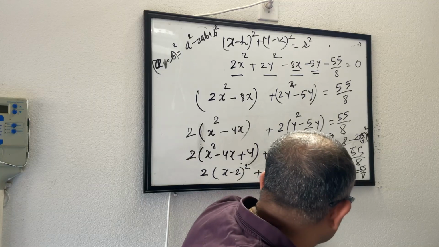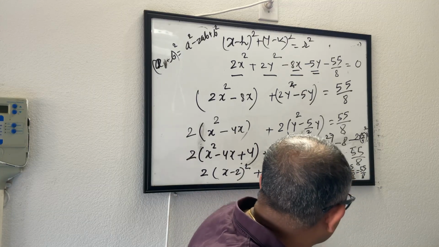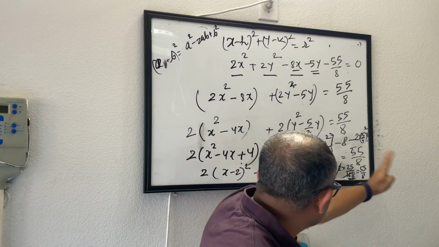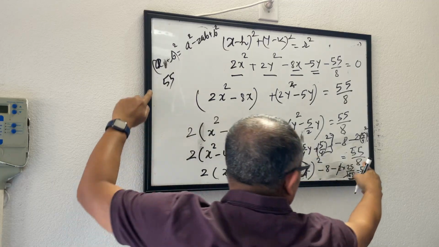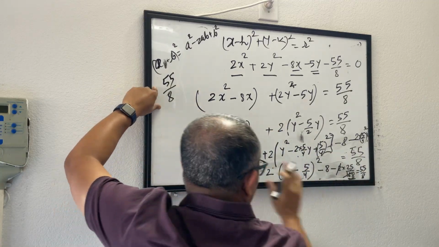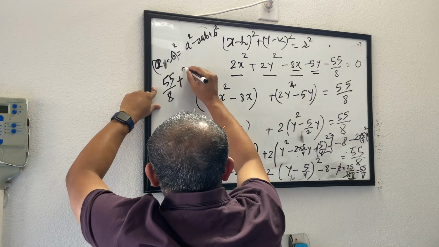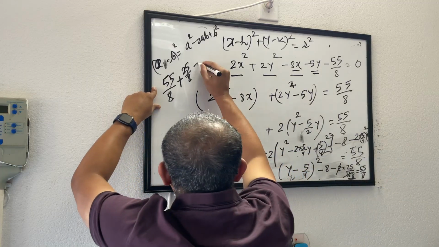Let's look at how much it is. Let everything go to the other side. So other side we have 55 over 8 before, then we moved minus 25 over 8, so it became plus 25 over 8, and then minus 8 went to the other side, that became 8.